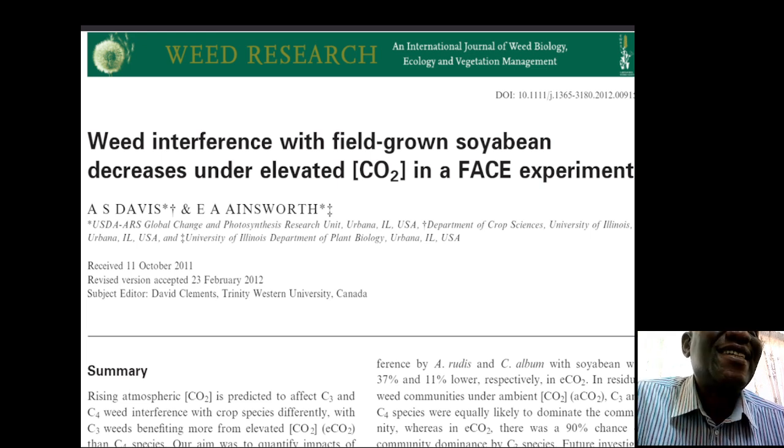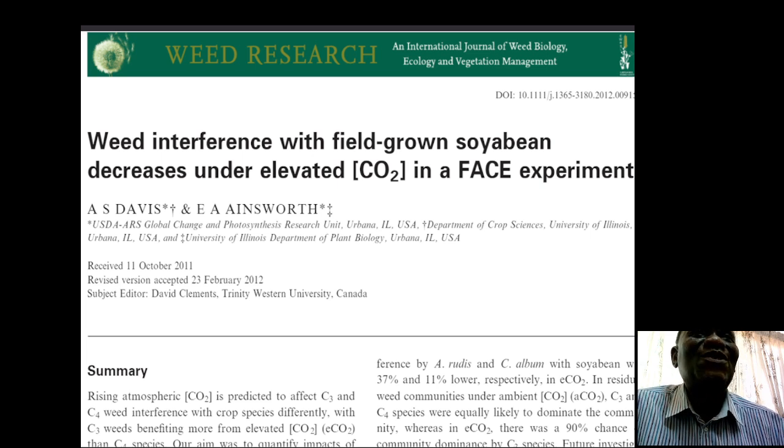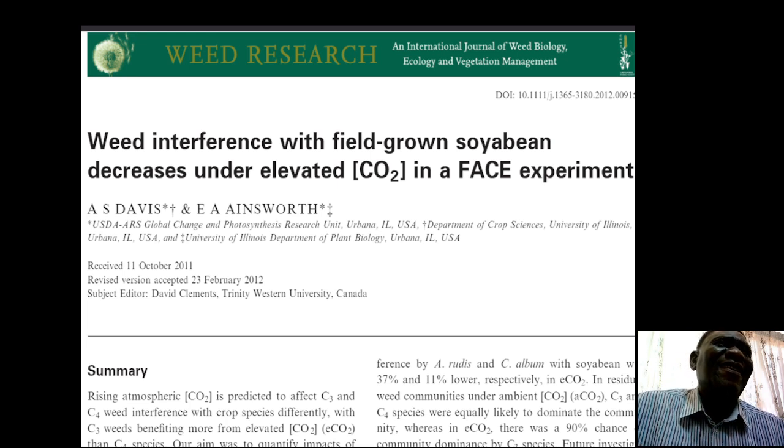If you are interested in the carbon dioxide issues, there's a paper, weed interference with field-grown soybean decreases under elevated carbon dioxide.